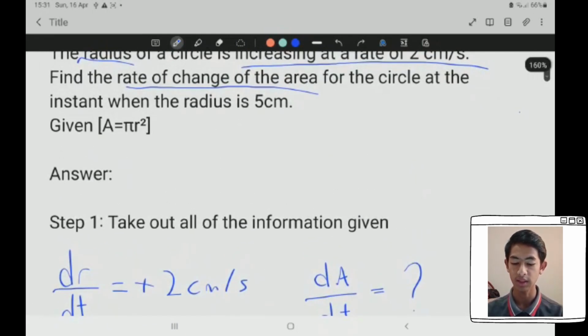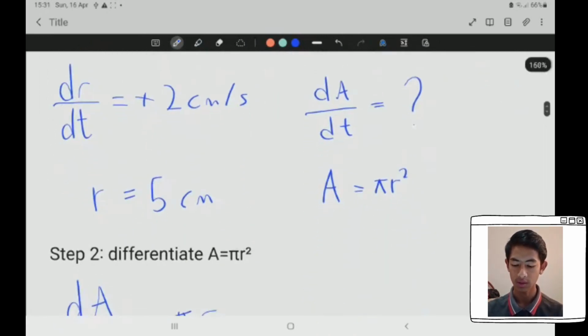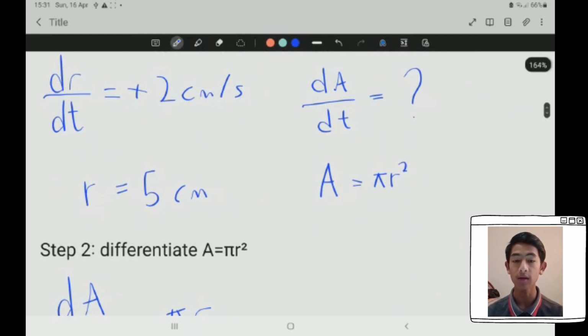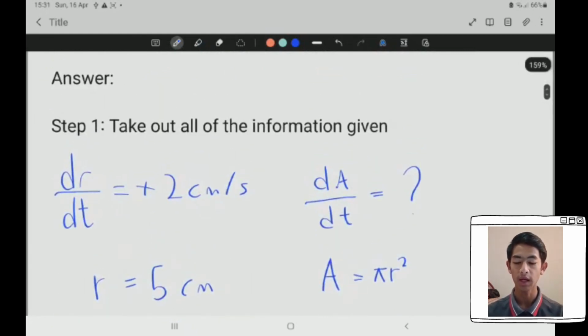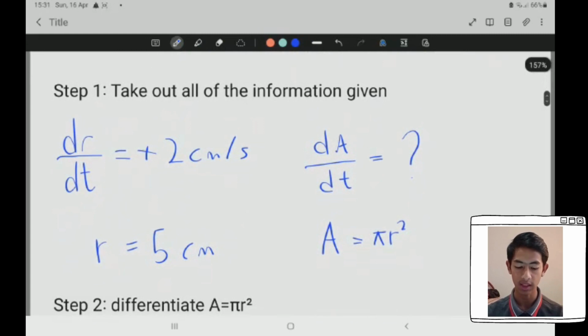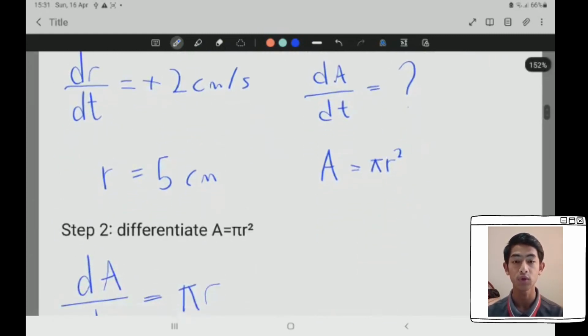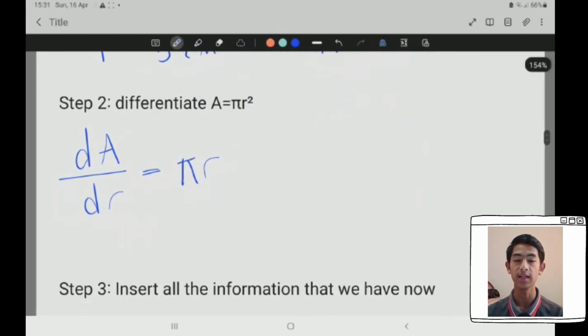And then the next information is radius is equal to 5 cm, so we write r equals 5 cm, and the area given is A equals pi r square. Step 2, let's differentiate the area from what they gave. As we differentiate dA per dr, we will get only pi r left.